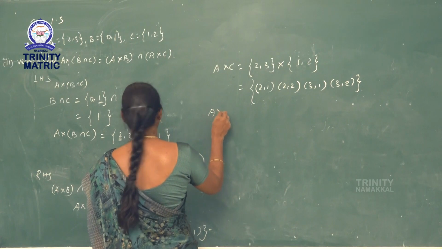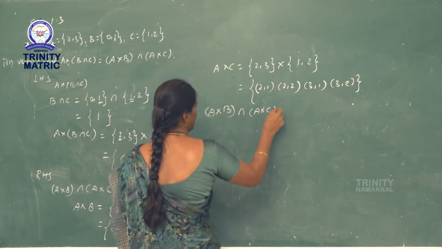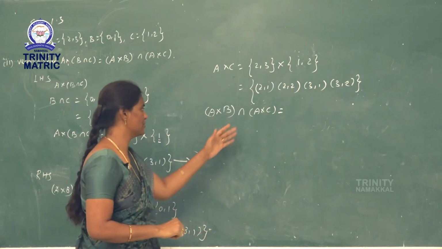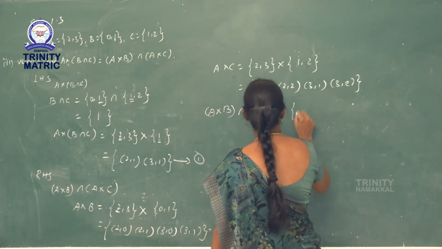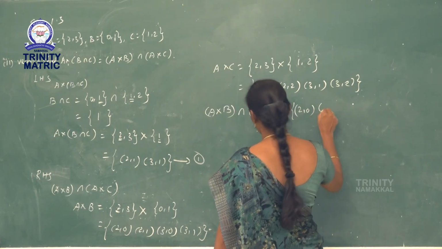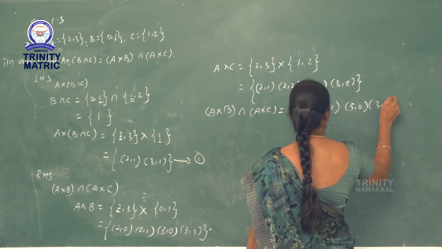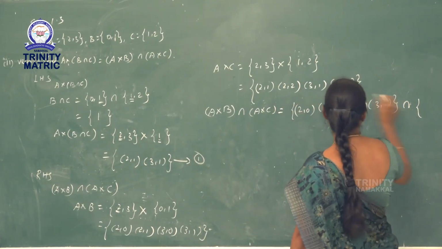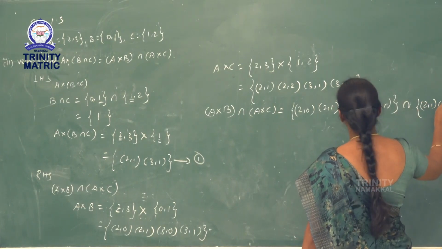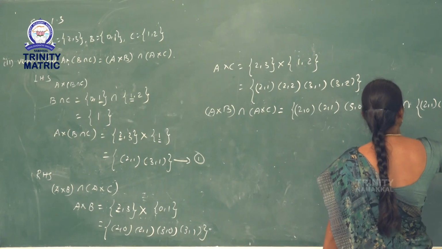Now we take A cross B intersection A cross C, the intersection of these two sets. What is A cross B? We found 2 comma 0, 2 comma 1, 3 comma 0, 3 comma 1. Intersection with this set: 2 comma 1, 2 comma 2, 3 comma 1, 3 comma 2.